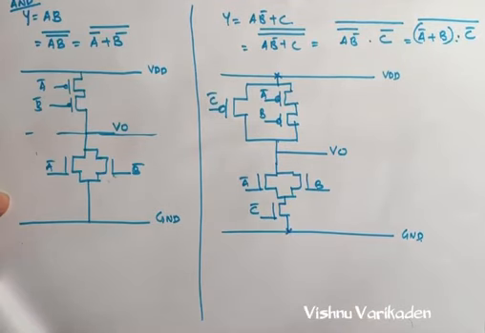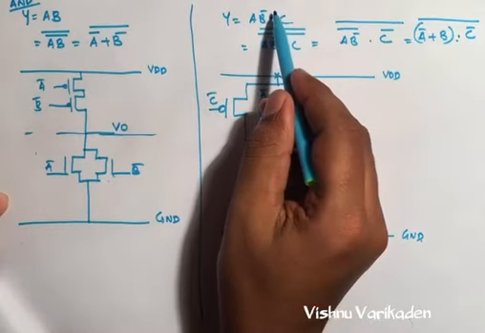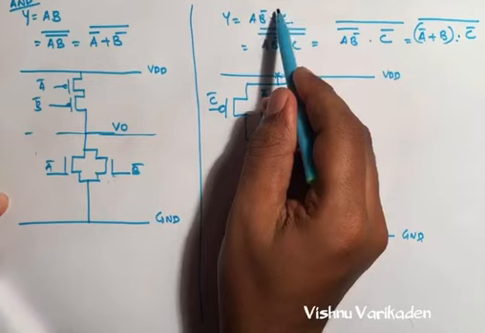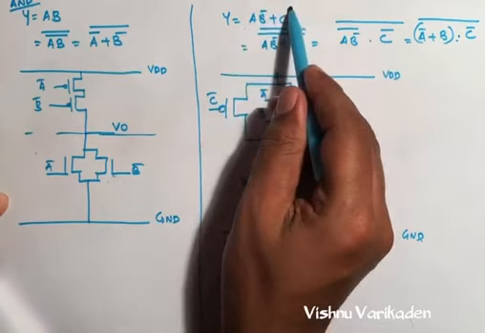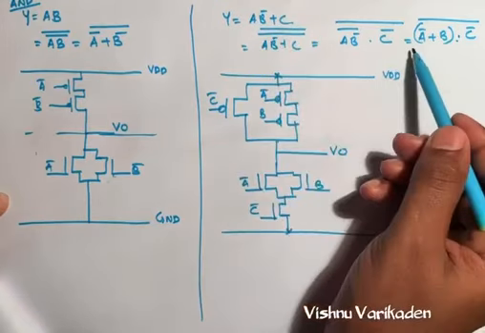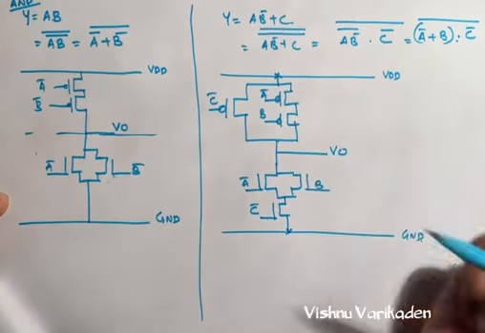We can make this circuit simply by De Morgan's theorem for the non-inverted outputs. Whenever there is no bar here, we can apply double bar and use De Morgan's and make the circuits.